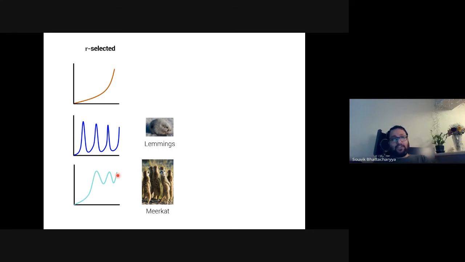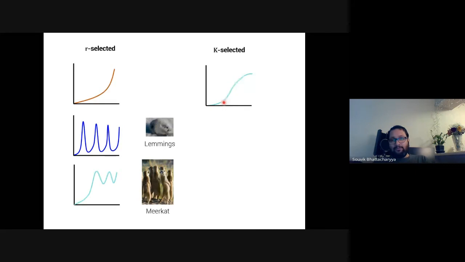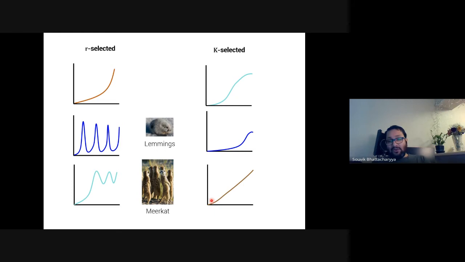Whereas the majority of organisms follow this K-selected growth, where there is a lag phase followed by a log phase followed by a plateau, because it is reaching the carrying capacity. The environment cannot sustain more individuals than it has. There can be variations to that, like this. There are many plants which grow like that, or it can look almost like a straight line.